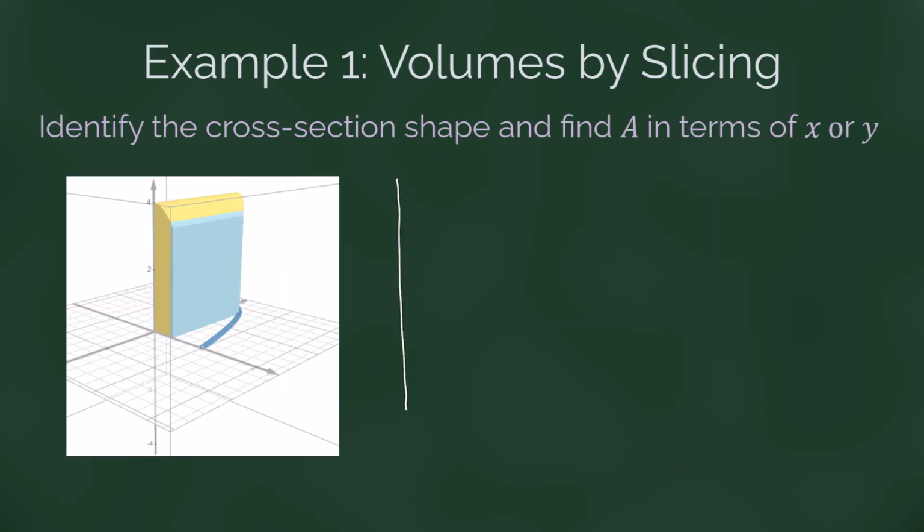Now that we've chosen our slicing direction, we need to identify the cross-section shape and come up with a formula for the area. Here, we'll sketch the region that bounds the area of our shape. Then we'll identify one slice and figure out what the area would be for that particular slice.